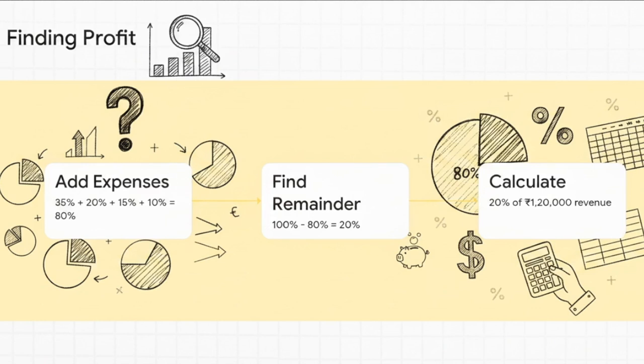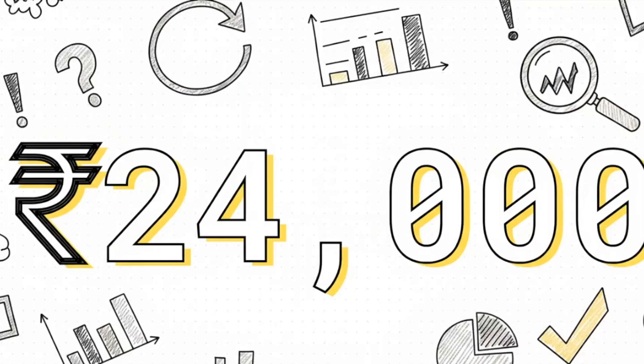Step 3, calculate what 20% of that 120,000 rupee revenue actually is. Boom, there it is. 20% of 120,000 rupees is 24,000 rupees. Just by reading the data logically and taking it step by step, we easily and accurately extracted the correct figure. See? You're already solving real-world problems.